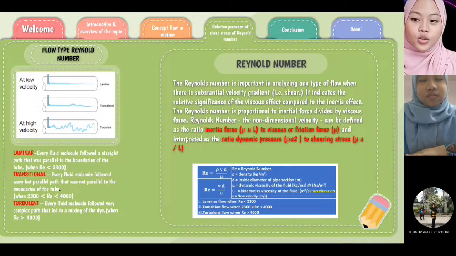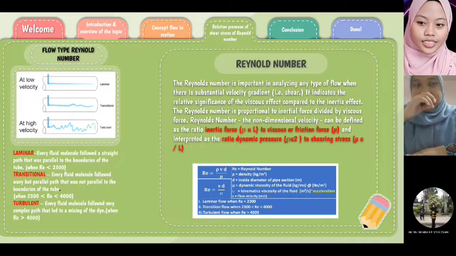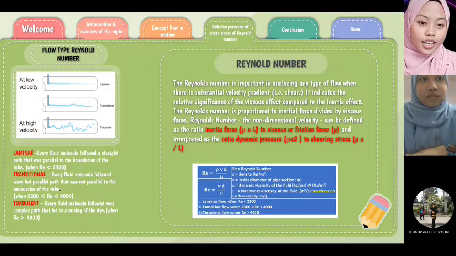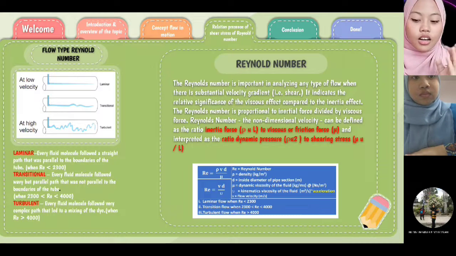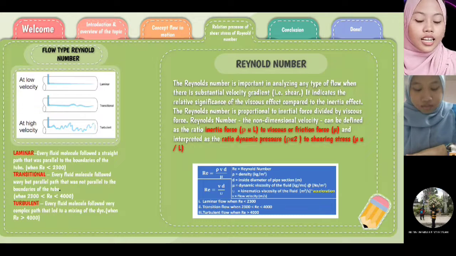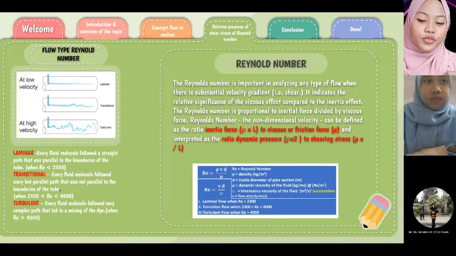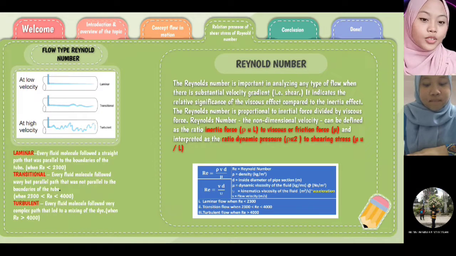This is when 2300 is less than Reynolds number and Reynolds number is less than 4000. Last one, turbulent. Turbulent is when every fluid molecule follows a very complex path that leads to a mixing of the dye. This is when Reynolds number is more than 4000.